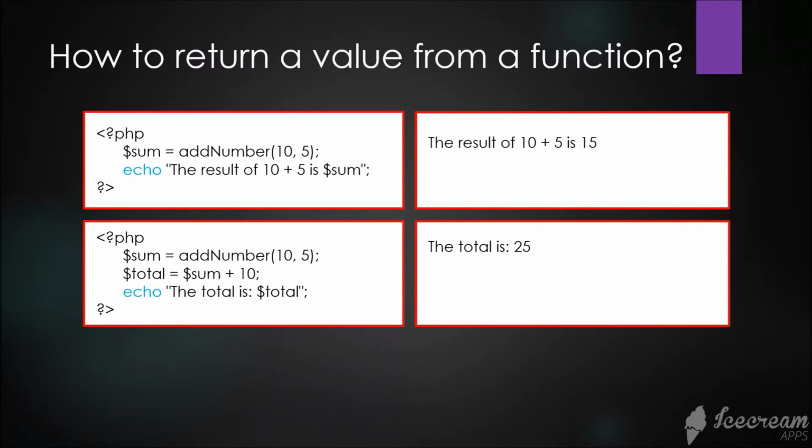Nako-control natin yung specific output na gusto natin, and we can still add more processes that we want for that particular result before we try to display it. Okay? So, mainam if kung gagawa man tayo ng mga function is to return lang muna yung mga value. Okay guys? So, that's how we set up yung return value from a function.